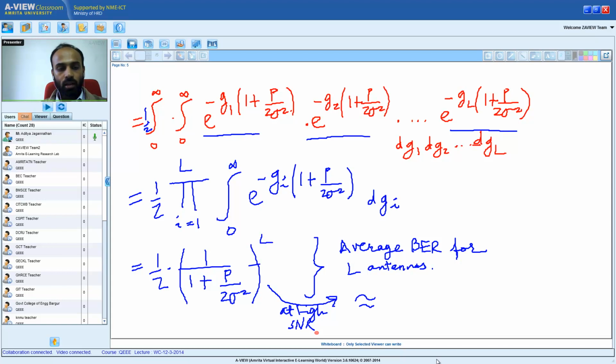What is the correct expression for the bit error rate at high SNR?